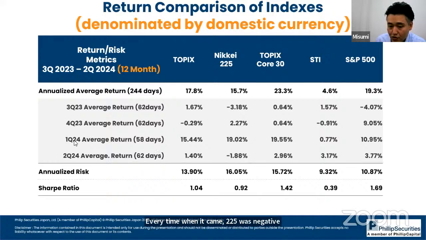Even though the first quarter of 2024 was 90.02%, higher than TOPIX, the S&P and the STI, and so was the Sharpe ratio, it turned out to be moderate in the second quarter. We see that the S&P is the most risk-return efficient. The second best is the 142% Sharpe ratio of TOPIX Core 30. Core 30 means the 30 largest caps in the considered TOPIX.